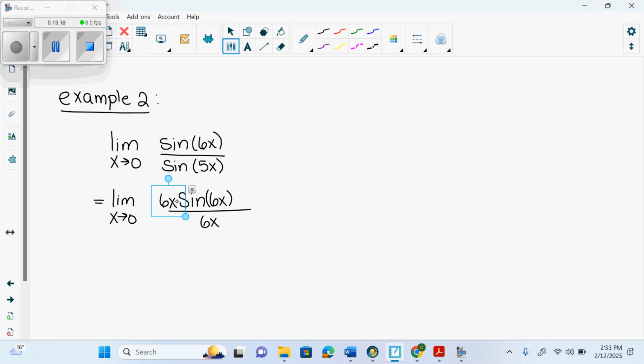And the reason why is, what is 6x divided by 6x? 1. And if I multiply by 1, am I changing anything? No. So I know the denominator needs the 6x, then my numerator needs the 6x, because 6x divided by 6x is 1. Yes? Okay. Samesies for the bottom. So, then I get sine 5x over 5x.